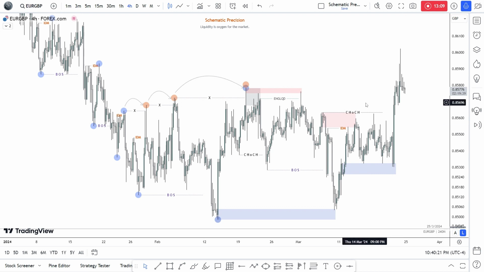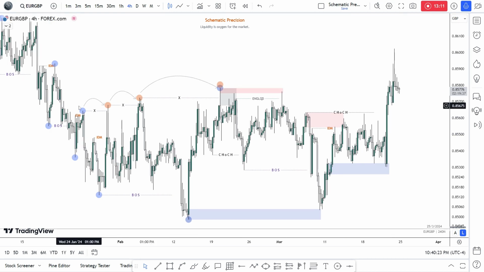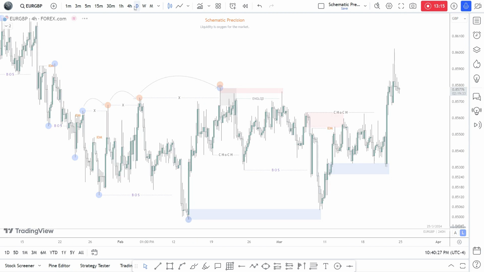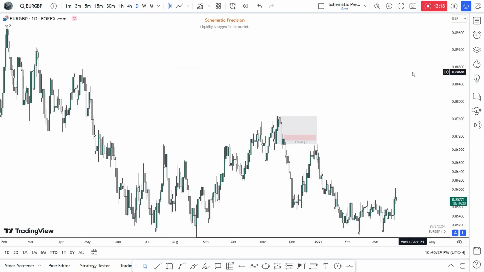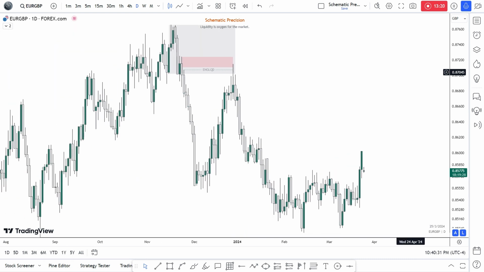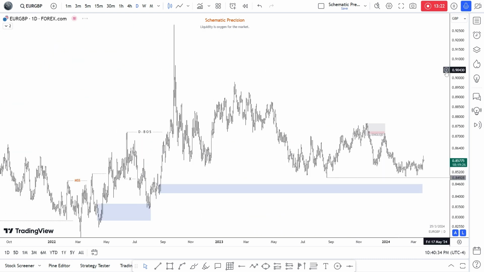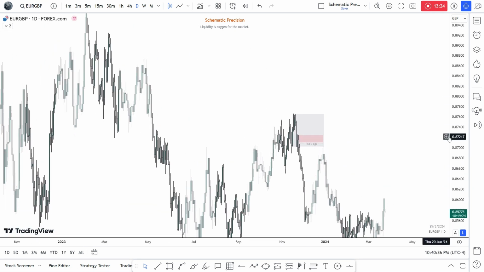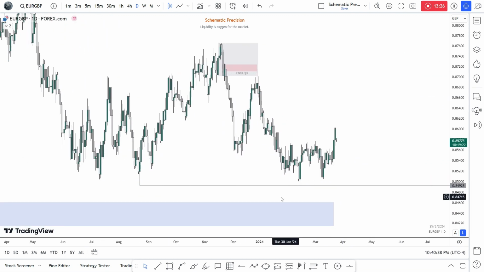So recently, what has been happening? Price has been bullish, sweeping the highs every time. If I show you the daily as well, price has been extremely bearish. And as per daily, this low is one of my targets.